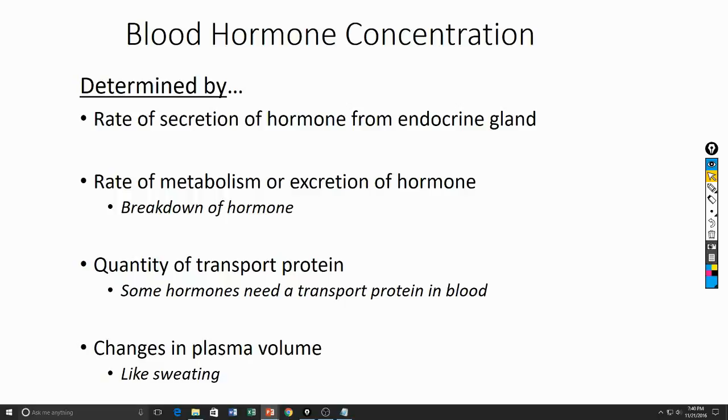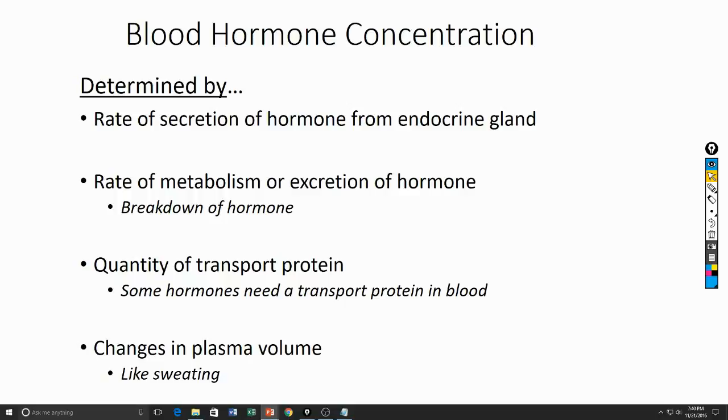Because when a hormone comes into a binding site, it's metabolized typically, right? It binds with its receptor, and the receptor doesn't just kick the hormone back out into the bloodstream. Typically, the hormone is either consumed or somehow not viable after its interaction with the cell.